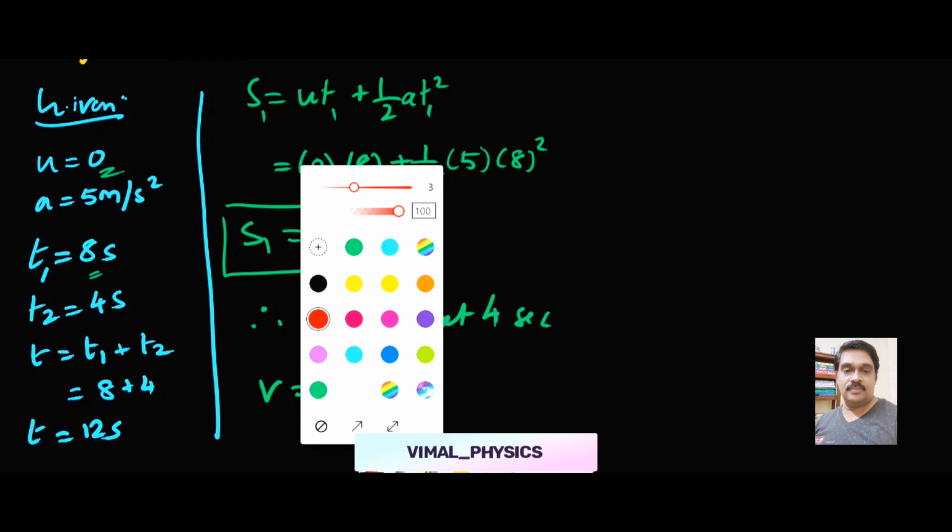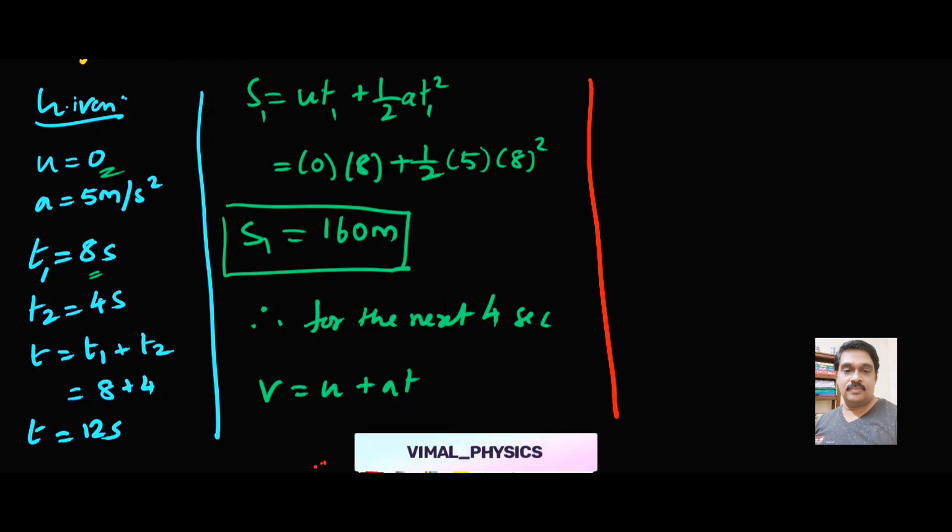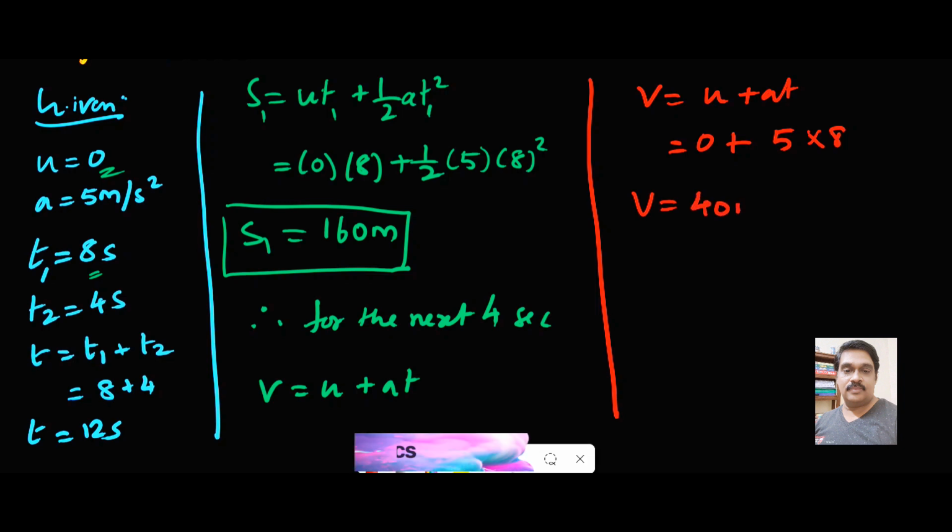Substituting, v is equal to 0 plus 5 into 8. 8 fives are 40. So the maximum velocity is 40 meter per second.